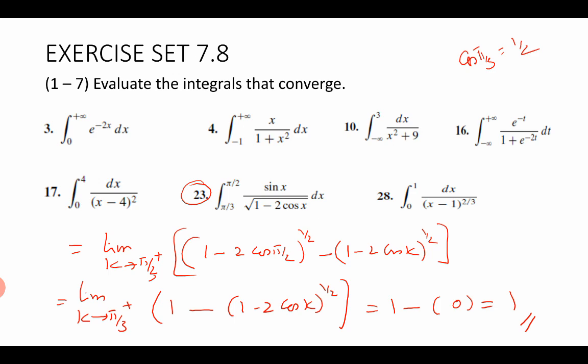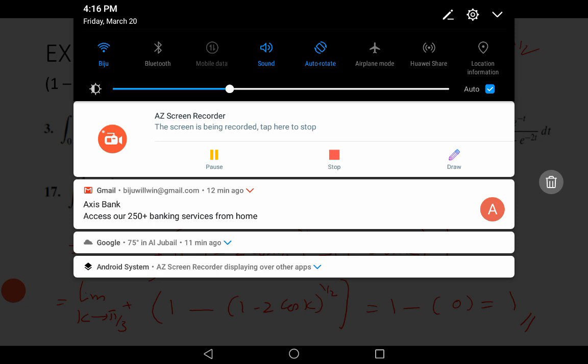So in the next step we will write limit k approaches pi by 3 from positive direction, 1 by 2, and the 2 and 1 by 2 can be cancelled, you will get only u, that is, 1 minus 2 cosine x to the power half, with the limits from k to pi by 2.